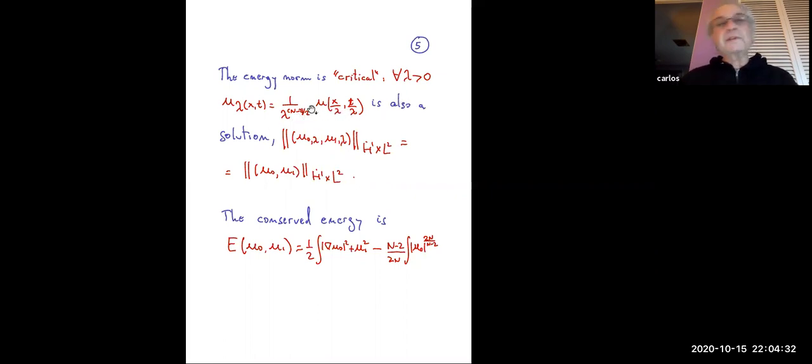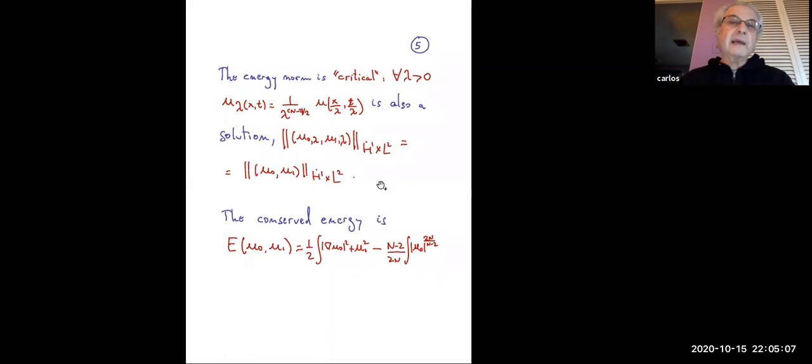And this power is tied to the energy critical power in the nonlinearity and to the fact that under this transformation, the H1 cross L2 norm remains invariant. It's independent of lambda. And that's why we call this energy critical. So if you decide that you want this property for the energy space, and this is the scaling, then the power in the nonlinearity has to be the one we mentioned.